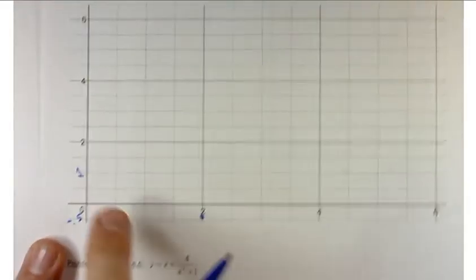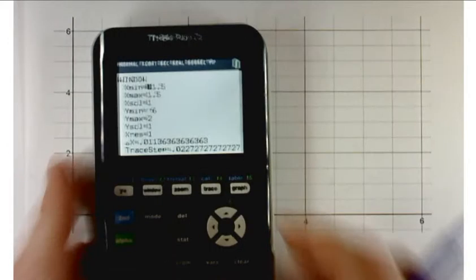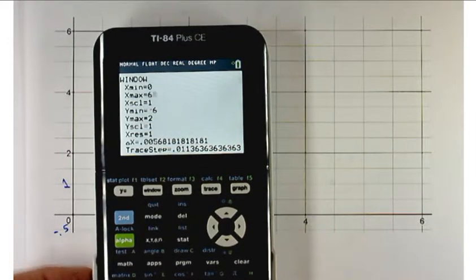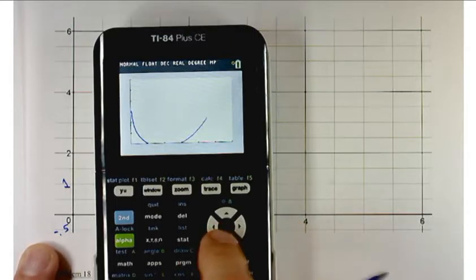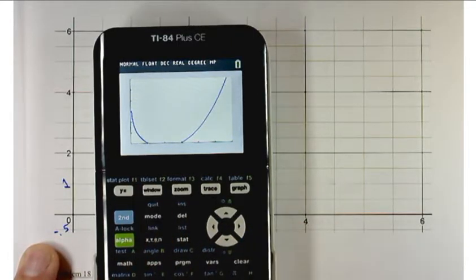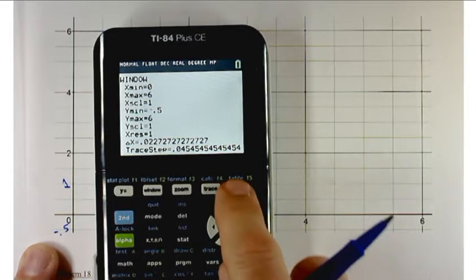Yeah, I'm thinking maybe 0 to 6 and 0 to 6. That works pretty good. Maybe we should go to a little bit below there. Yeah, negative 0.5. There we go. Thank you.